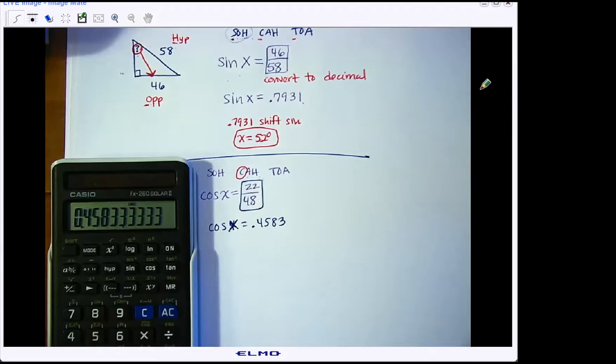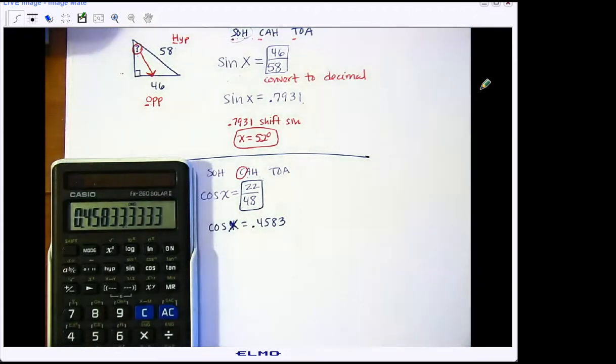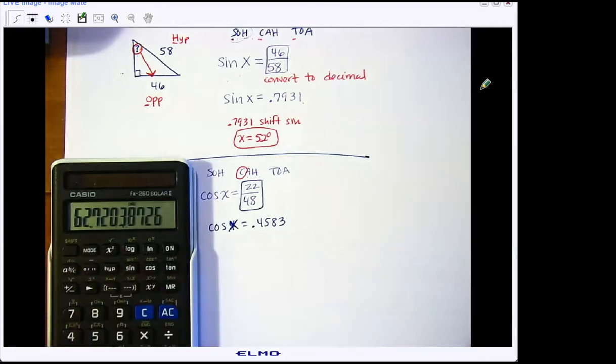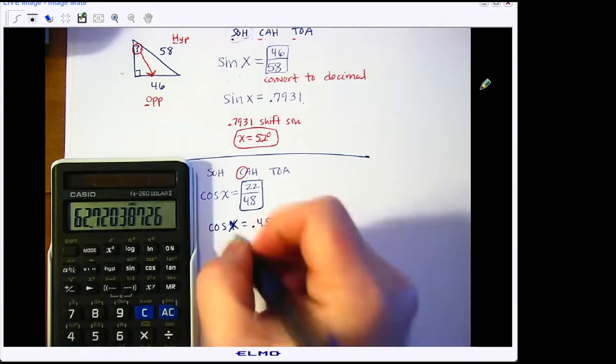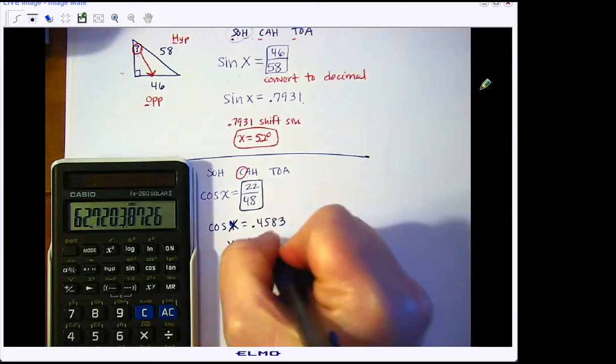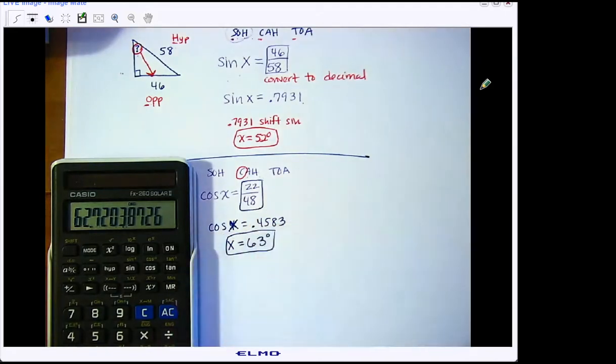If you're using a handheld calculator, you can actually just leave that in there and hit shift cosine and you get your answer. We're going to round it up to 63 because it's closer to 63 than it is to 62. So your angle x is equal to 63 degrees and you're done.